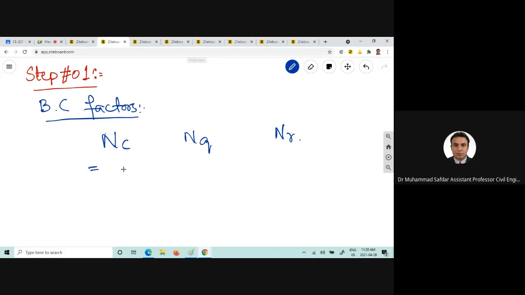Now I need 3 readings for NC, NQ, and N gamma when we are given phi equal to 40 degrees, from the figure. Use the figure which I told you to take a screenshot or a snap of, which shows the bearing capacity factors.